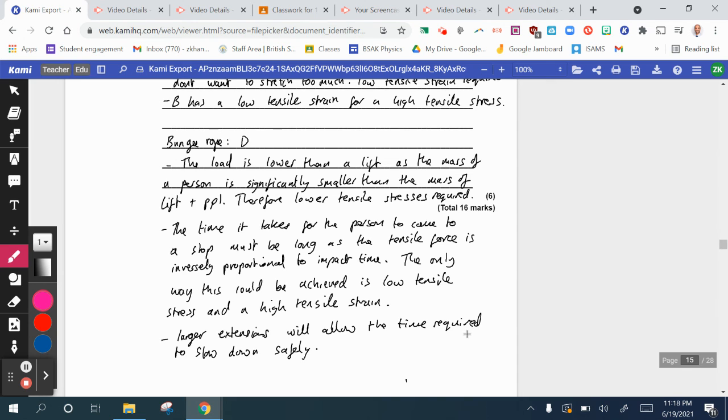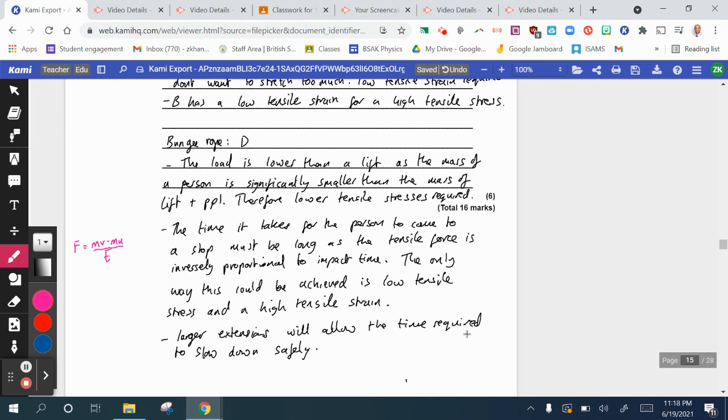So the tensile force is inversely proportional to the impact time. And we know this because force is equal to the change in momentum over the time, so we can see that the force is inversely proportional to the impact time. The longer it takes for an object to come to a stop, the lower the impact force is on the object.